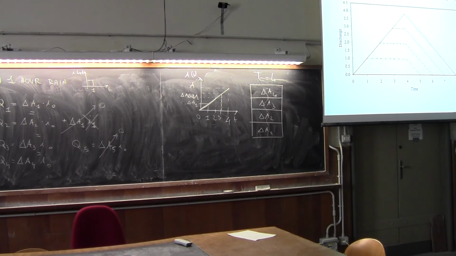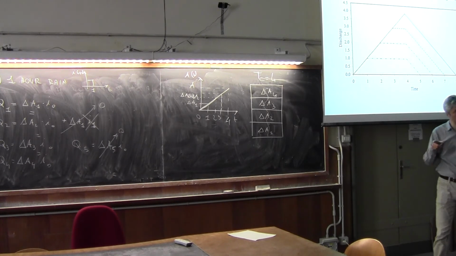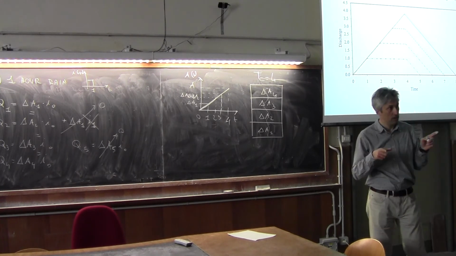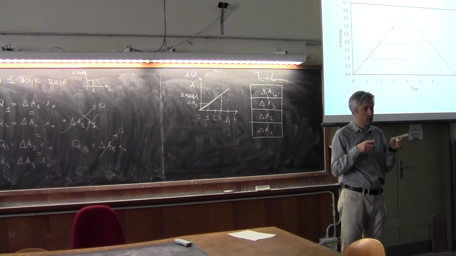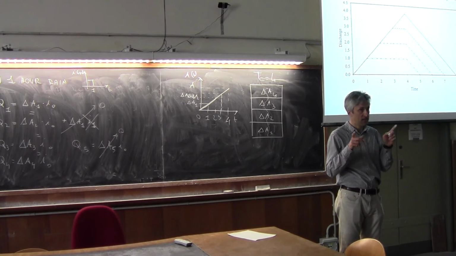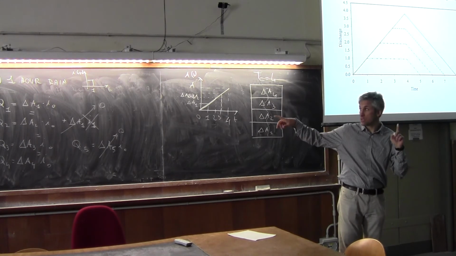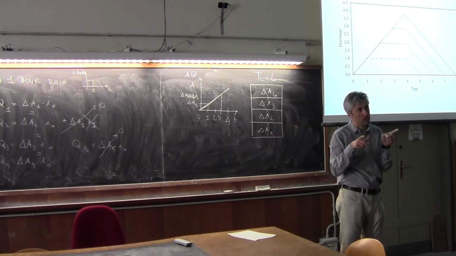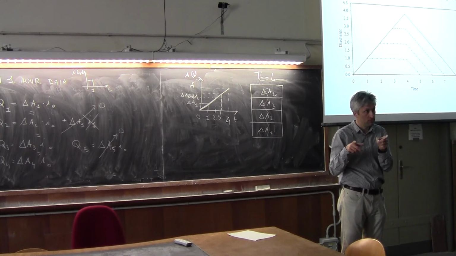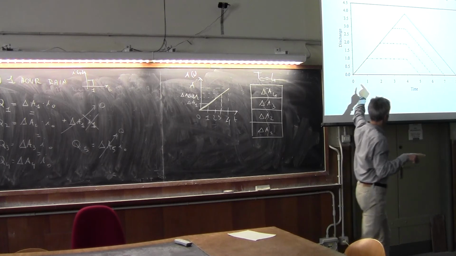Again, according to this method, the base time is given by the time of concentration plus the rainfall time. And given that we assume that rainfall is lasting 2 hours, in the previous case it was lasting 1 hour, we have to expect a base time that is 1 hour longer. And this is exactly this case.